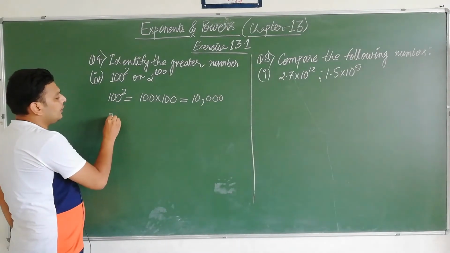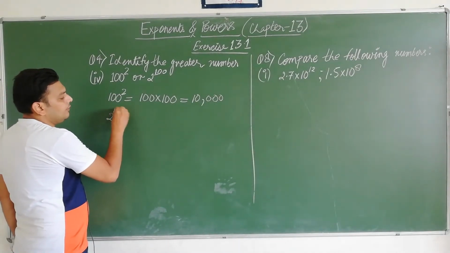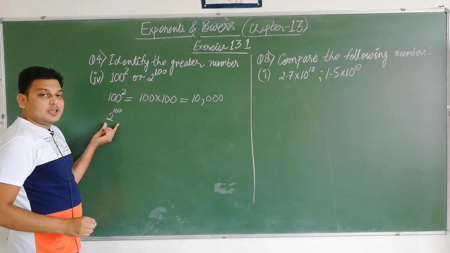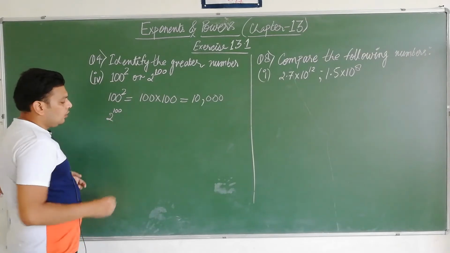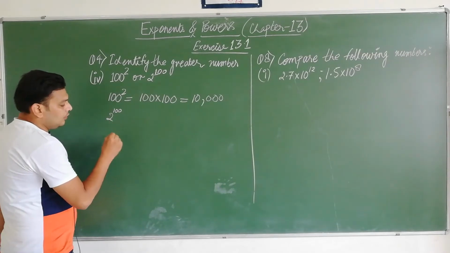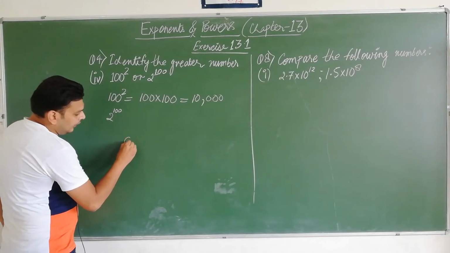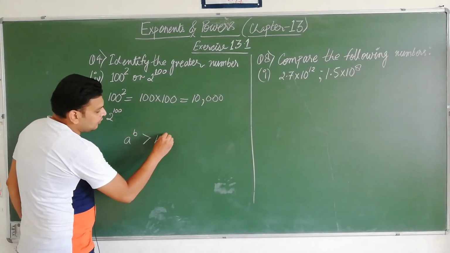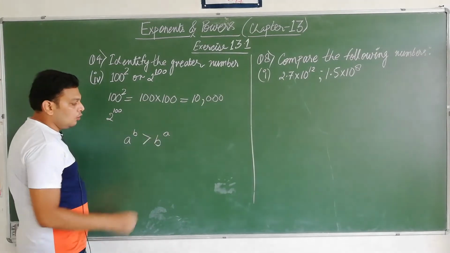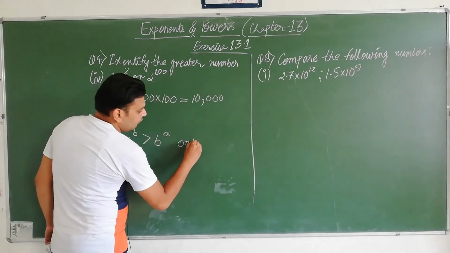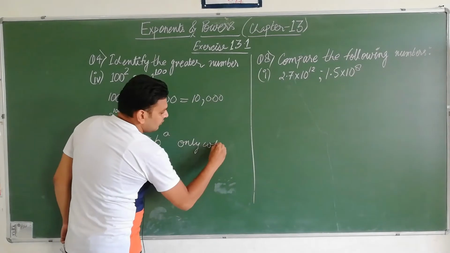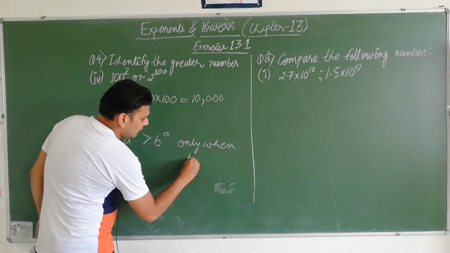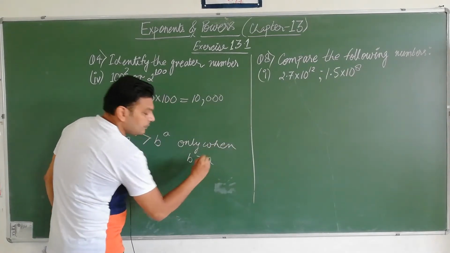But how do we find 2 to the power 100? It is a very large calculation. So what we will do is we know that a to the power b is greater than b to the power a only when b is greater than a.